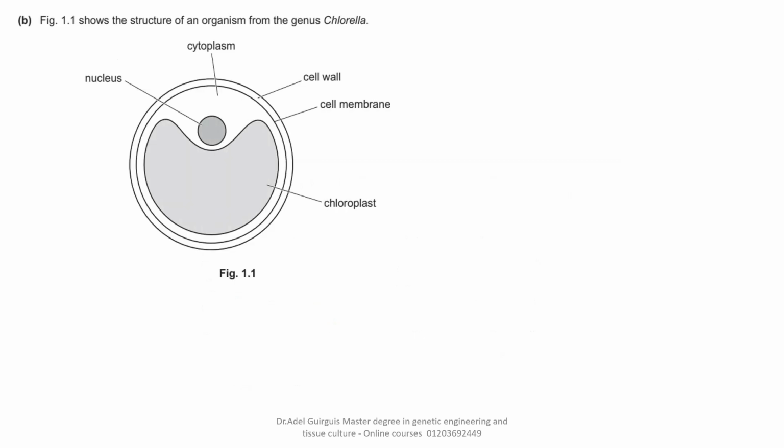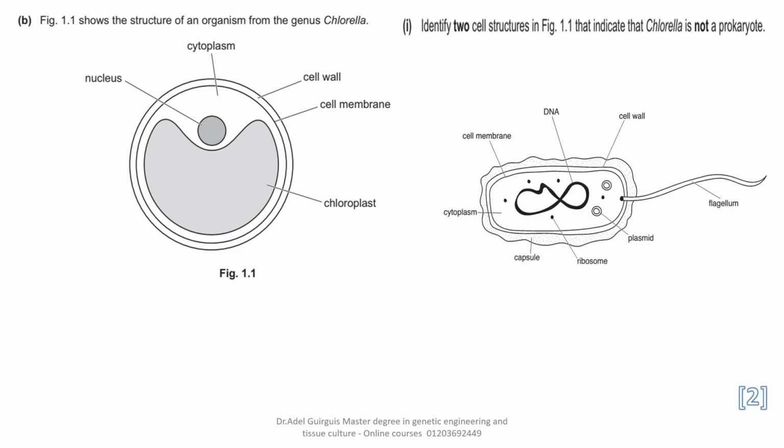Now for letter B, figure 1.1 shows the structure of an organism from the genus Chlorella. The question here, part I, identify two cell structures in figure 1.1 that indicate that Chlorella is not a prokaryote. Prokaryote like bacteria. Bacteria lack a nucleus.